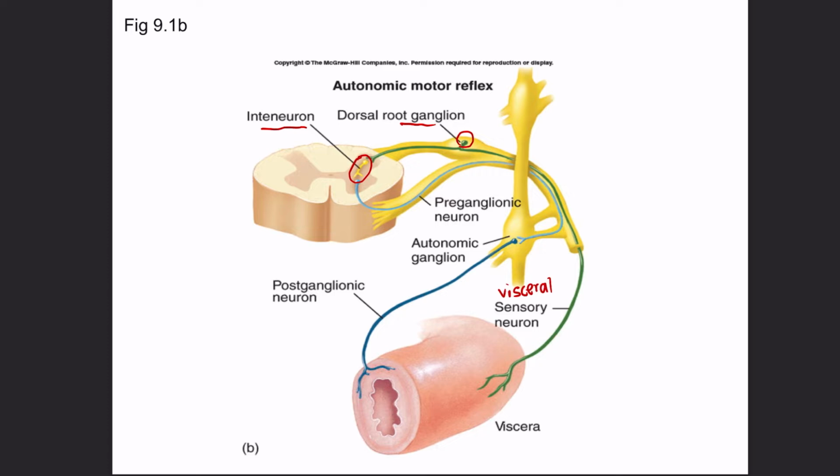Notice it's in the central nervous system. And then we have a two-chain preganglionic neuron with the cell body in the central nervous system, impacting a postganglionic neuron with its cell body in this ganglia right here. And then it innervates this smooth muscle or glandular tissue.